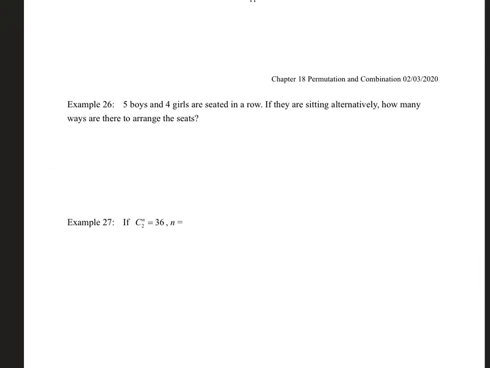And next, we have another situation: 5 boys and 4 girls in a row. In a row means you are having an order, so it's talking about NPR now. Next, there is a keyword saying they are sitting alternately, and in how many ways they can be arranged.